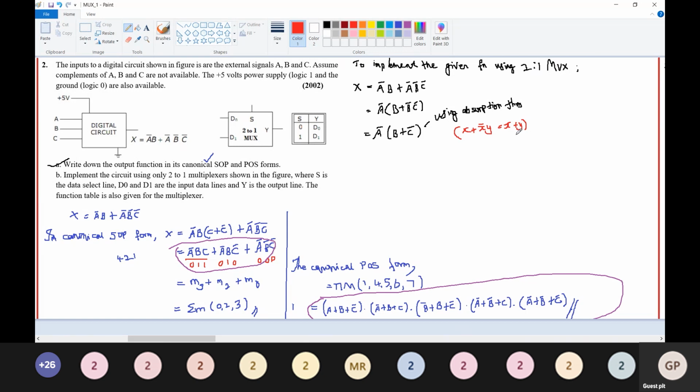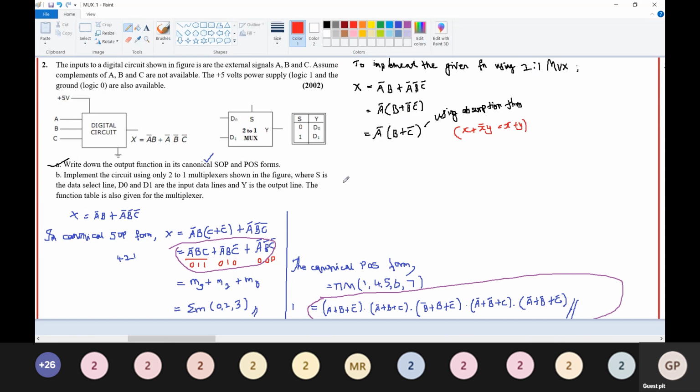Now based on this absorption theorem, as you can see, the product term B is present in the next product term as its complement, B dash. So you just leave this term and write the other, B plus C dash.